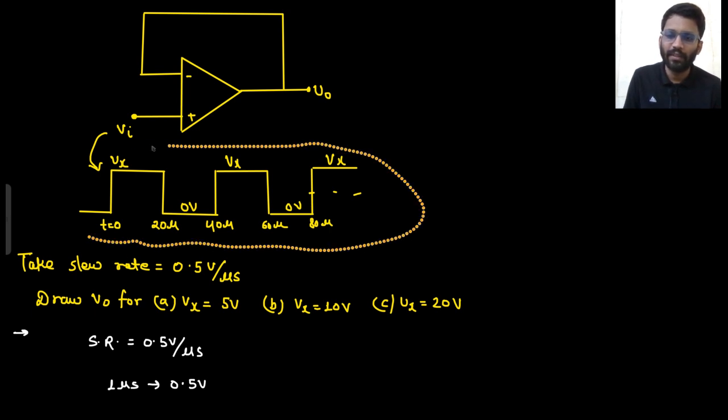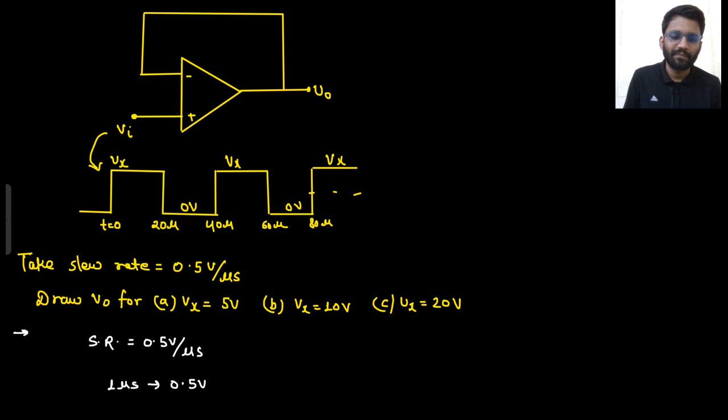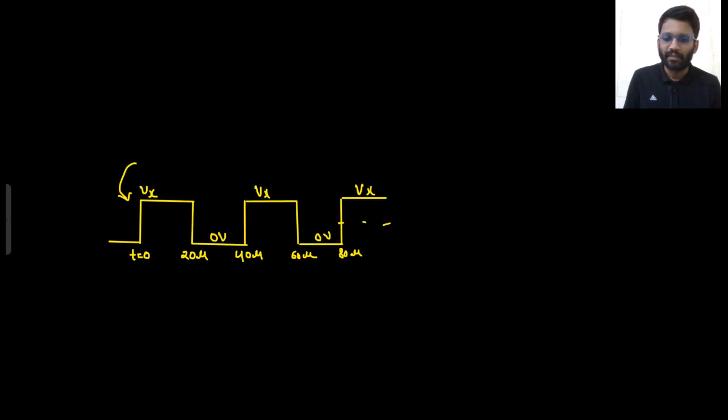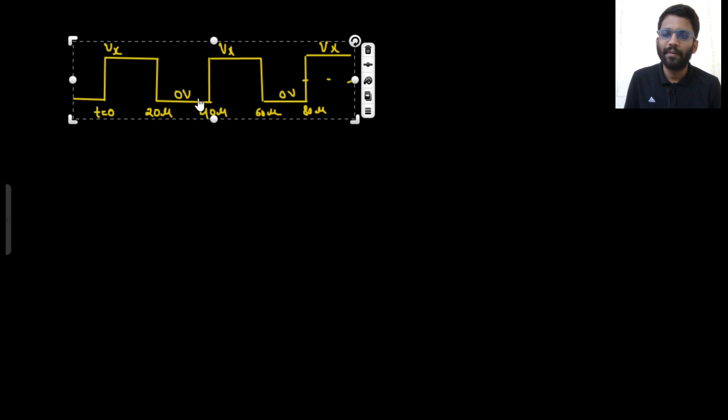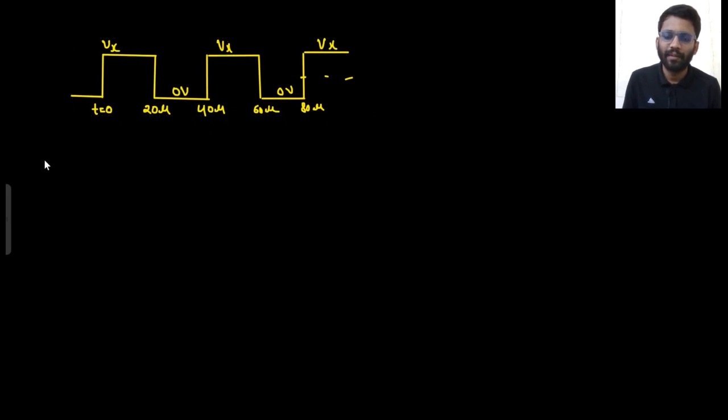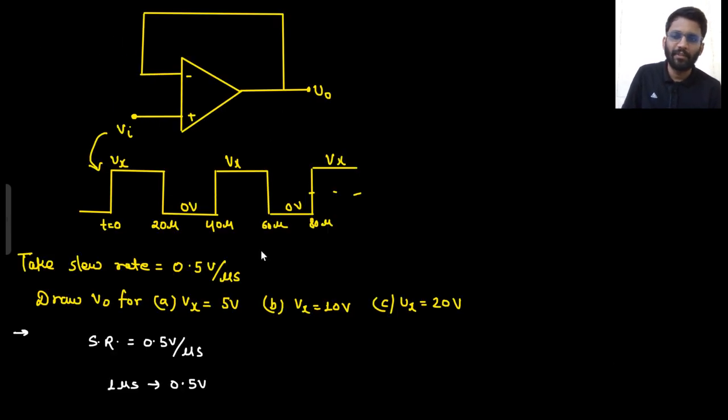So let's copy it and paste it here. Vx equals 5 volt, 5 volt, 5 volt and 5 volt. And the other thing I know is that my V naught is equal to V in only.